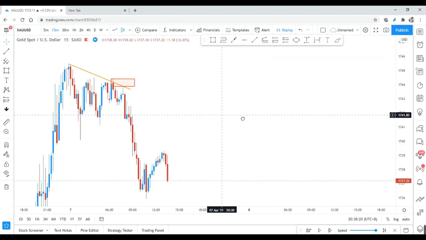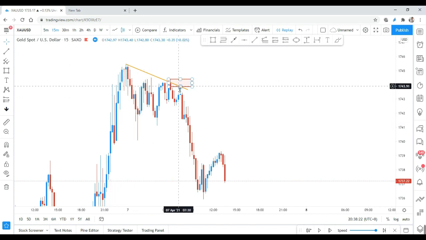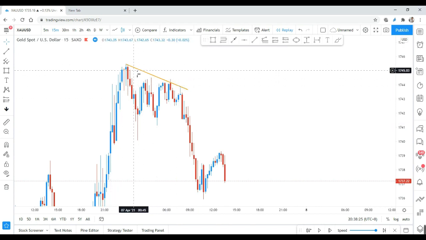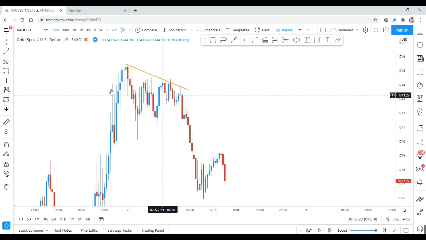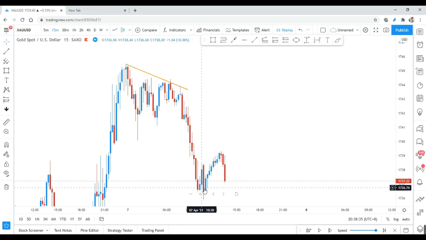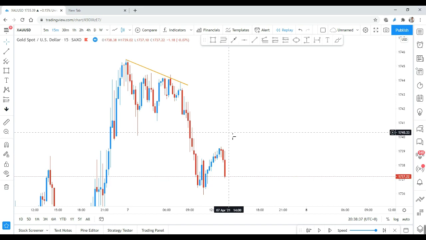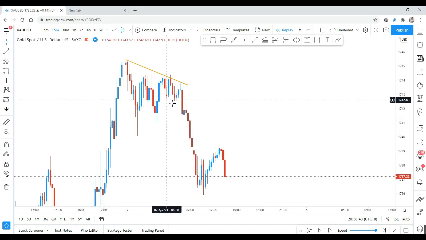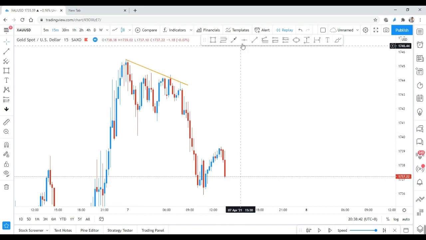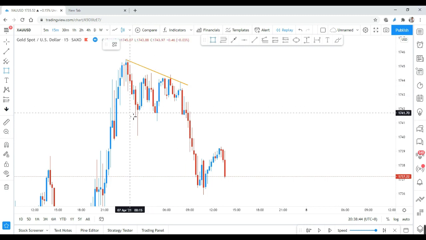Most of the time I will miss this kind of trade because it looks more obvious after it has formed, so I won't be able to catch it from the 0 point to the 100 point. So what I'll do is look for the zone when the price breaks this area.